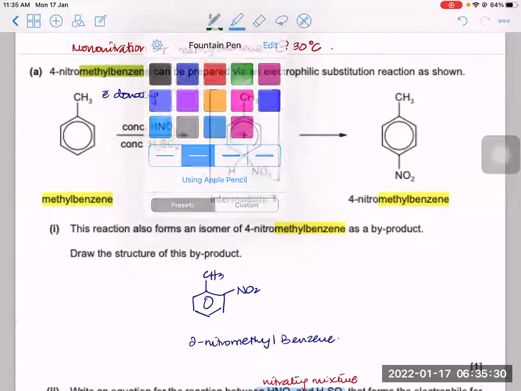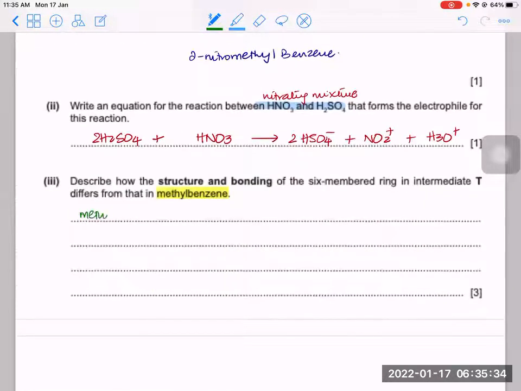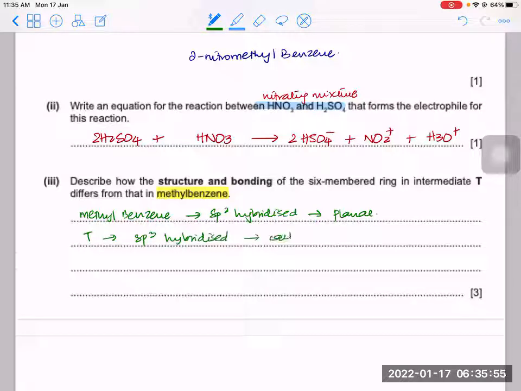You know that in methylbenzene, all carbons are sp2 hybridized. Yes, they are sp2 hybridized, therefore the structure is planar. And in the intermediate T, you have an sp3 hybridized carbon, right? It is a carbocation with a positive charge.